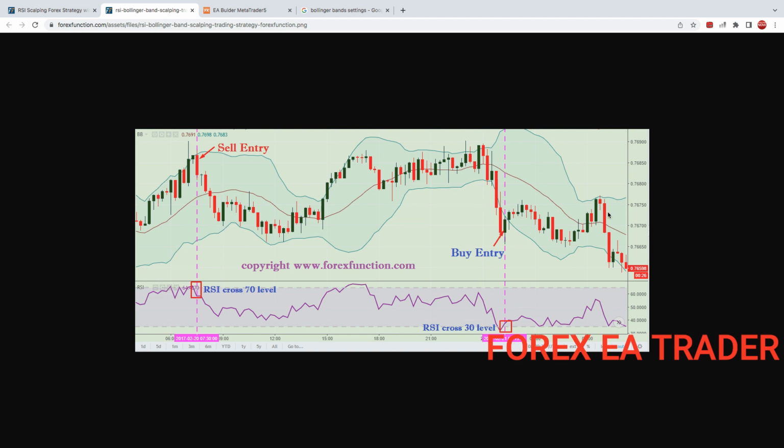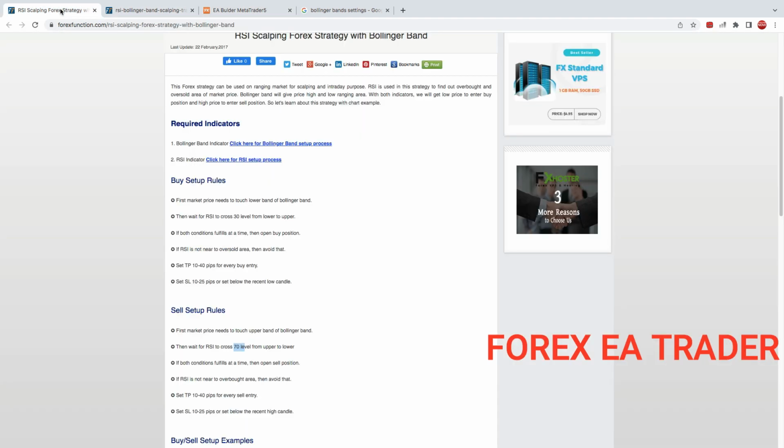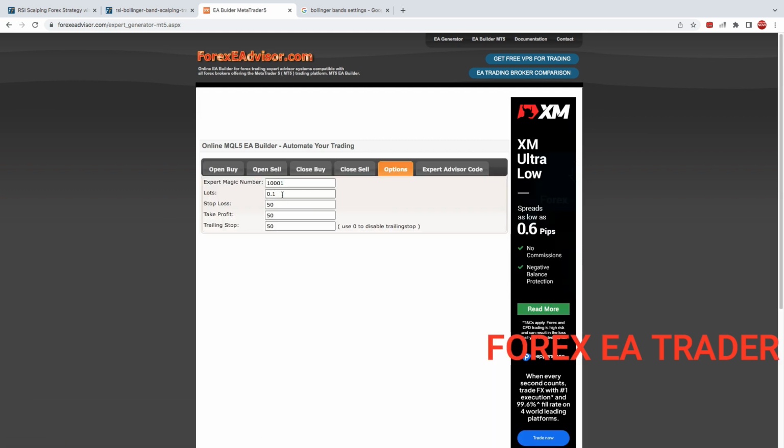For a buy, the moment we see this condition, then we know let's close any buys. If we see this condition, then we close any sells. But we have the take profit and stop loss to help us to do that, like they said here. So maybe you can skip closing of the buy and the sell, and just use the stop loss.